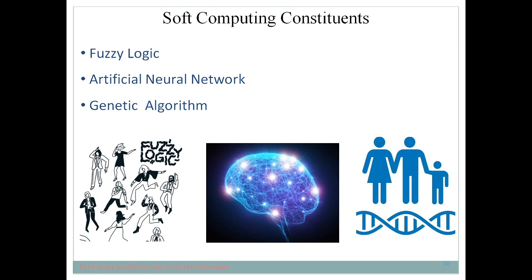Means we consider that for a particular problem n number of solutions already exist, but we need to find the optimal solution. The optimal solution you can find with the help of an optimization algorithm. So these three elements are constituents of SOP computing, and all these elements we are going to discuss in detail.